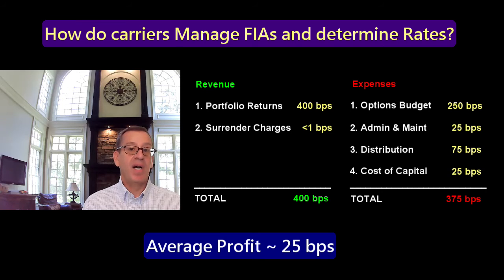This leaves an expected net profit of about 25 basis points per year. And this expected number is based on many factors. The actual profits obviously are going to be higher or lower than that, depending on what happens on experience, but it's in the ballpark. 25 basis points is where most insurance companies think that they're going to end up.